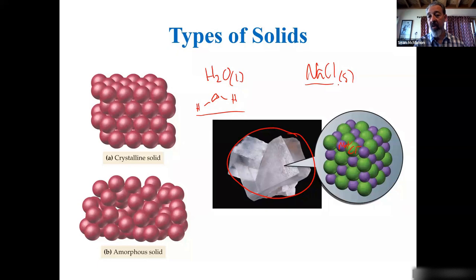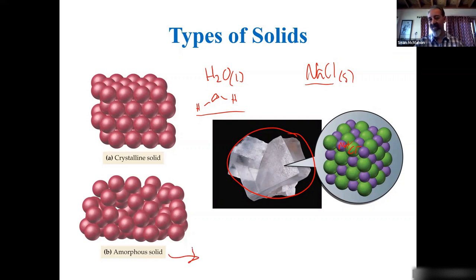So with sodium chloride, the ratio is 1-to-1, that's fixed, but there's more than one sodium and chloride ion. So this is a repeating solid structure, and this is known as a crystal structure or a lattice crystal structure.